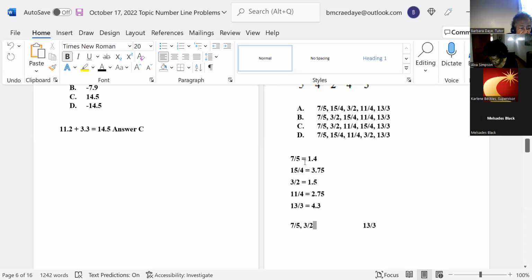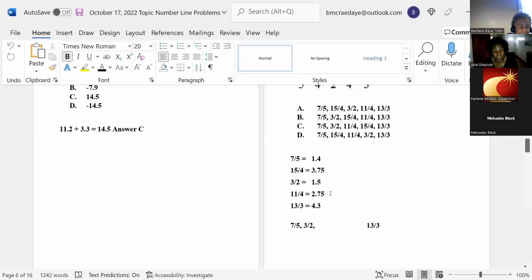So you have to look at these. Let me put them like this, maybe it's easier. The ones are the smallest, right? 1.4, then 1.5. 1.5 is the 3/2. Now, after the 1.5, what's the next one, Alva? 2.75.